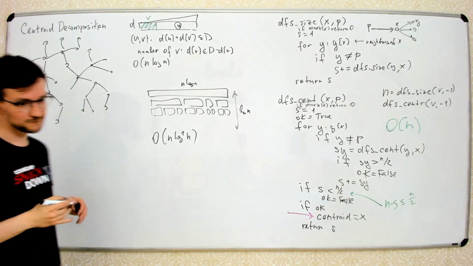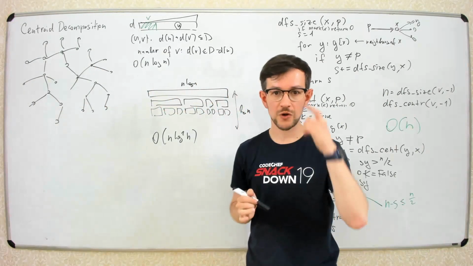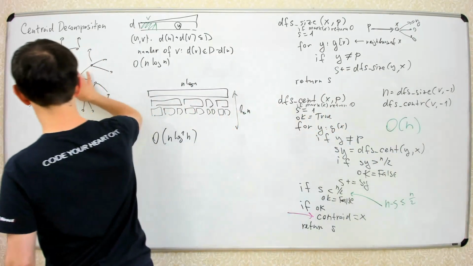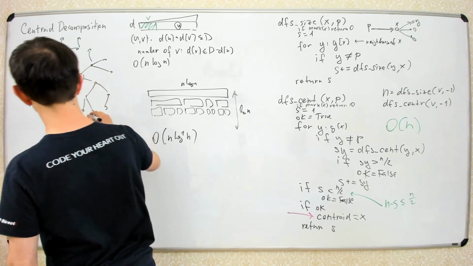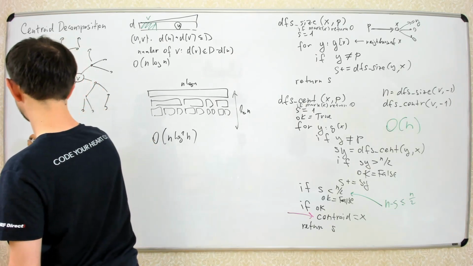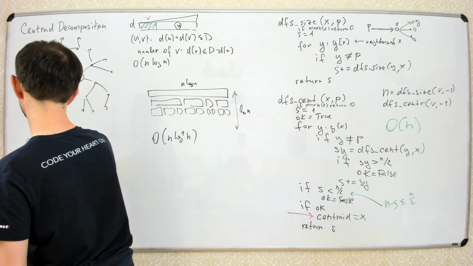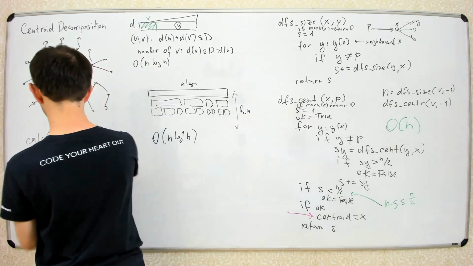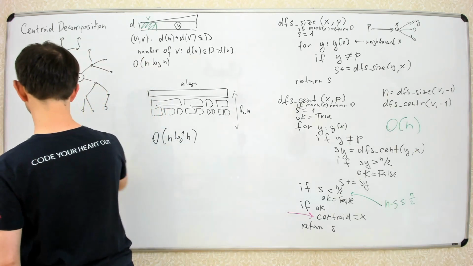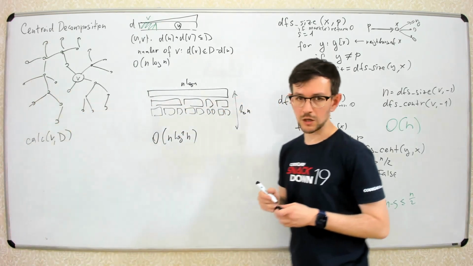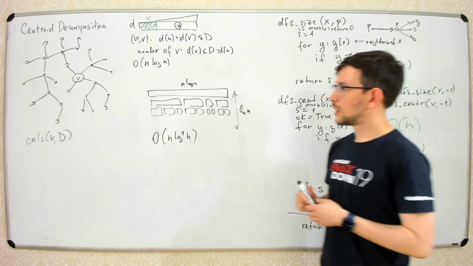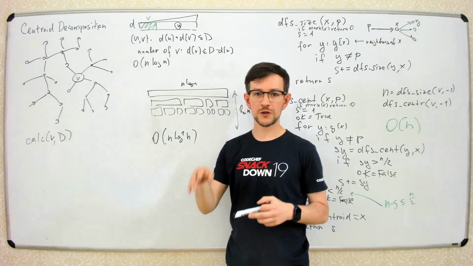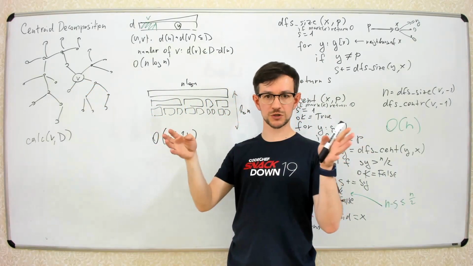So you have a tree, and you have a request like this. You're given some node v, and some distance d. Let's say you're living in this node, and you can travel a distance of at most d.